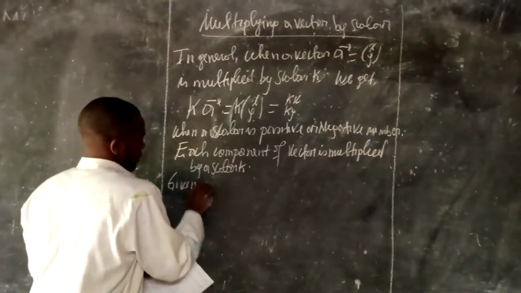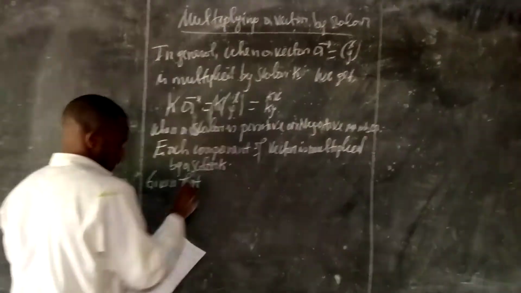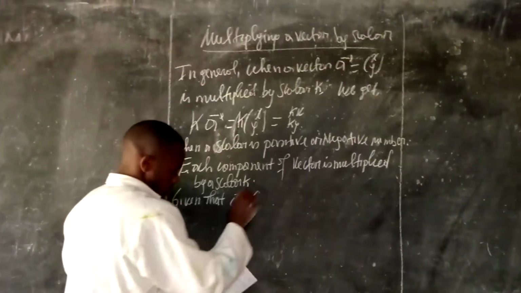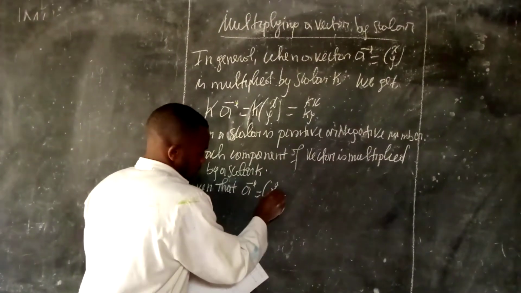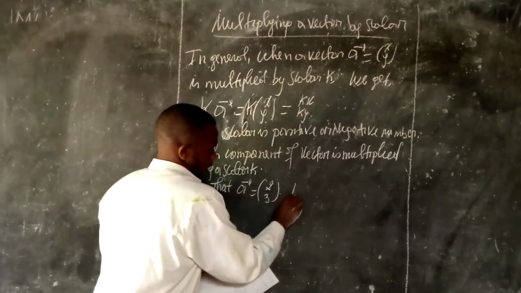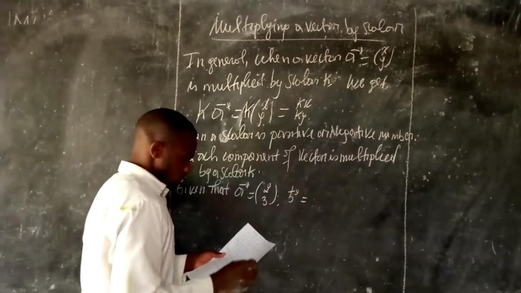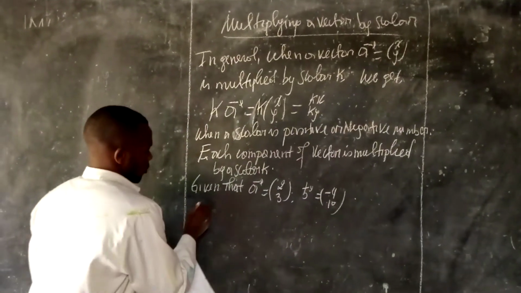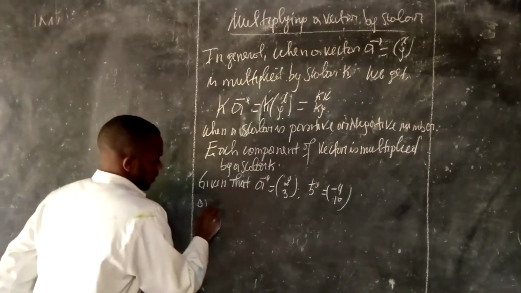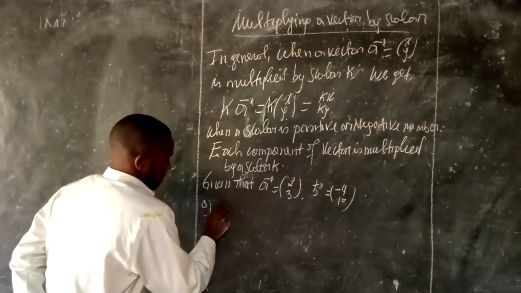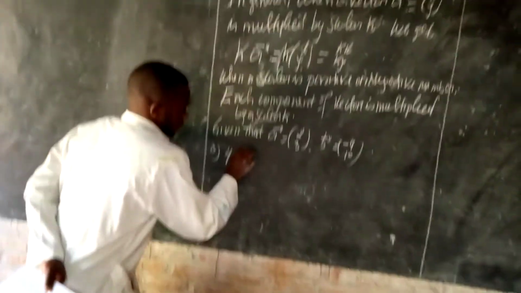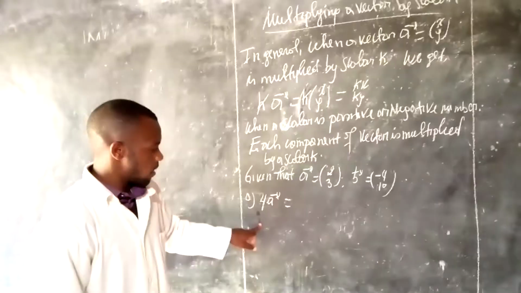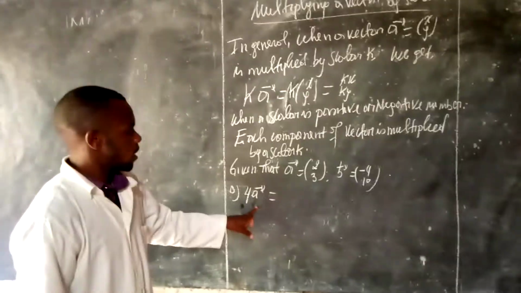So now here we have an example. Given that vector A has the coordinates (2, 3), and vector B has the coordinates (-4, 10). Now find 4A. Here 4 is a scalar, while A is a vector.